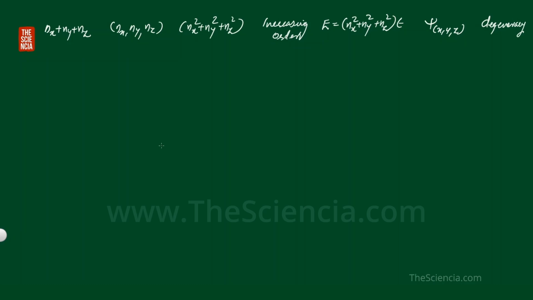So the first combination, the minimum value of nx is 1, ny is 1 and nz is 1. So 1 plus 1 plus 1, the minimum value is 3.